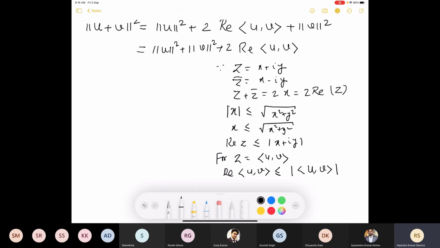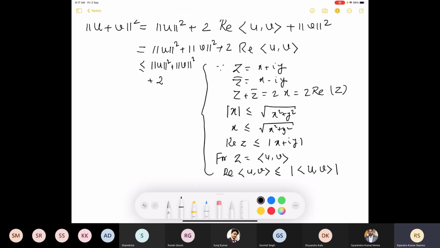Therefore, this is less than or equal to norm u square plus norm of v square plus twice the modulus.